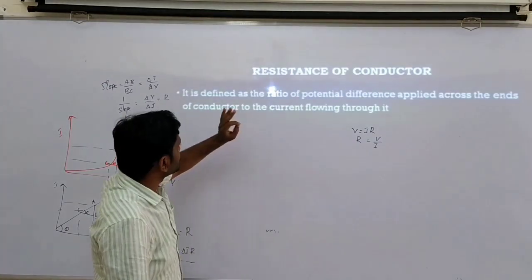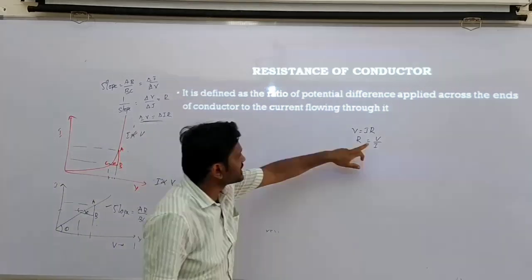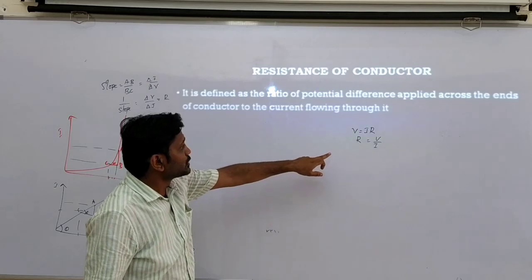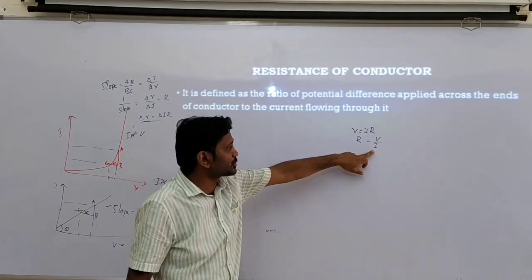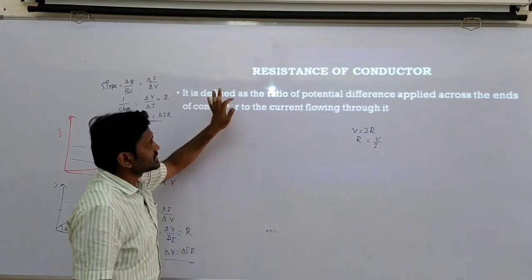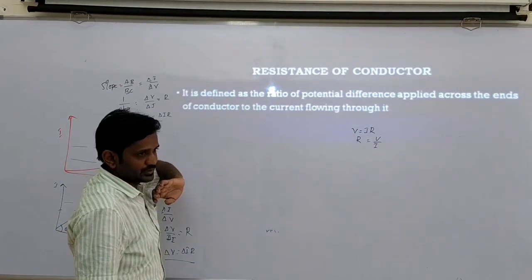The resistance of the conductor is defined as the ratio of potential difference applied across the ends of the conductor to the current flowing through it. The ratio we can call the resistance or electrical resistance.